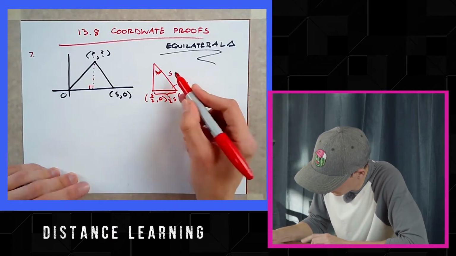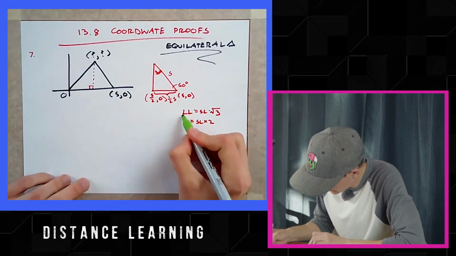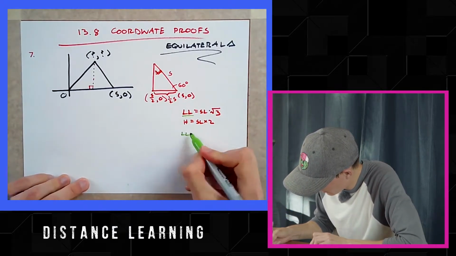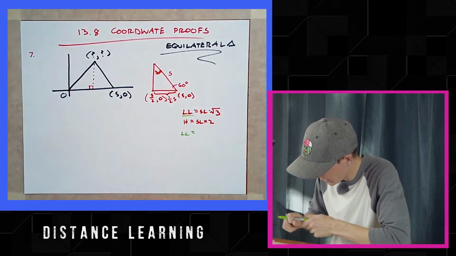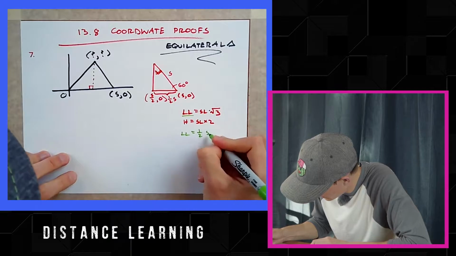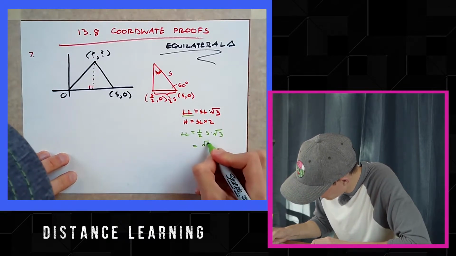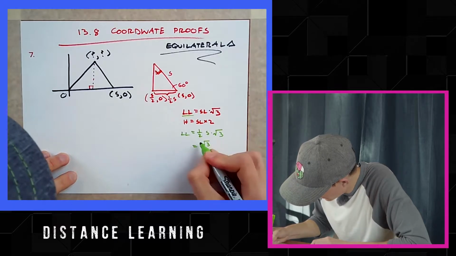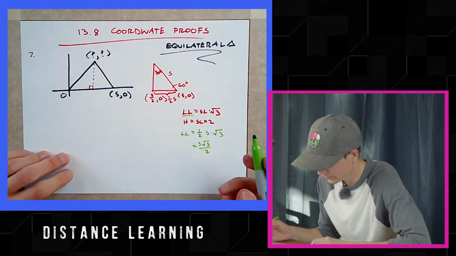So the short leg times 2, hypotenuse. My long leg, which is what I'm going to find here, is short leg, which is 1/2 S, times square root 3, or square root 3 times S, or S square root 3 over 2.